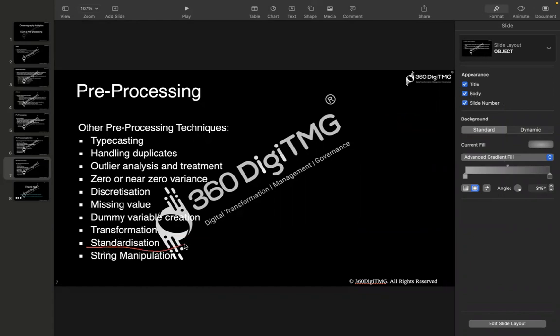Then we have standardization. Standardization is a process of developing, promoting, and possibly mandating standards based on compatibility, techniques, and processing within a given industry.